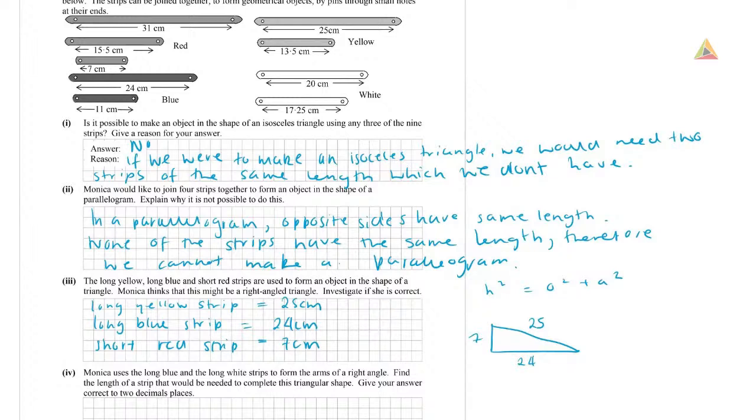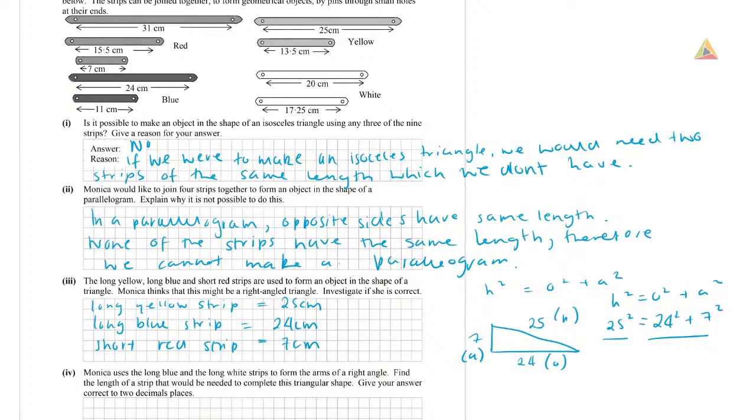So we need to test, does it actually equal? So h squared is equal to O squared plus A squared. So the hypotenuse squared in this case is 25 squared is equal to the opposite squared. So we'll call this H, we'll call this O, and we'll call this A. So O squared is going to be 24 squared plus A squared, which is 7 squared. So we want to see, does the right side actually equal the left side?